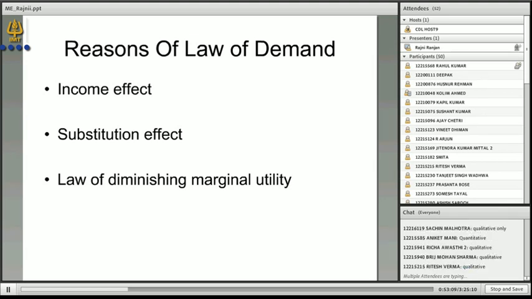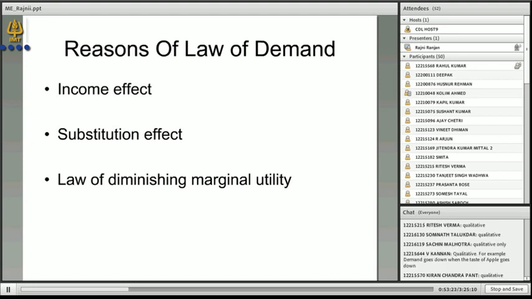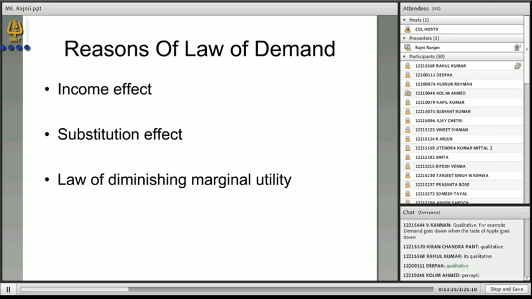If you ask me, the fundamental characteristic of utility is more towards the qualitative side.